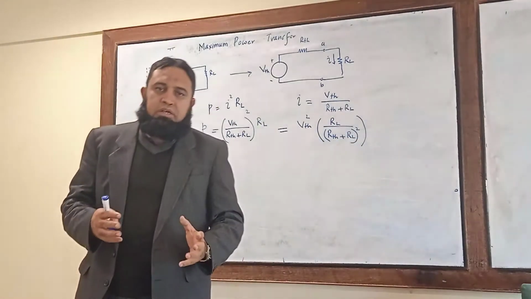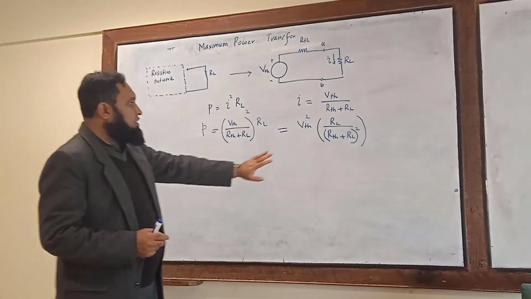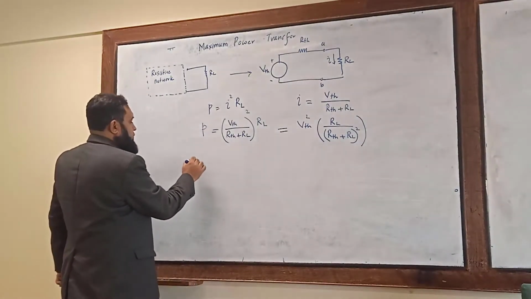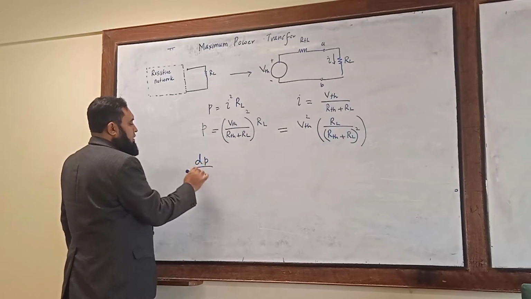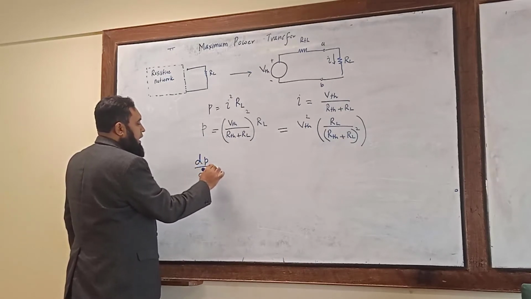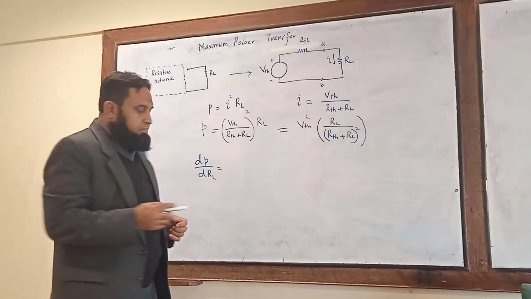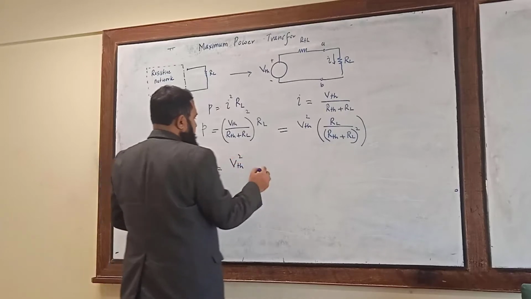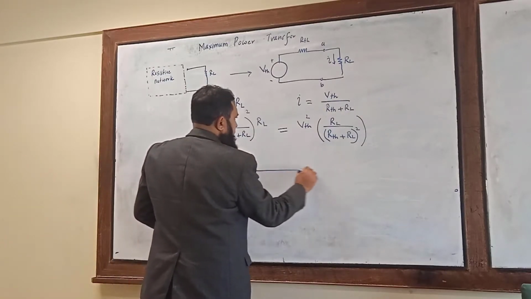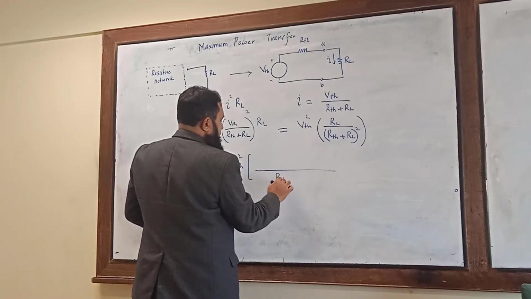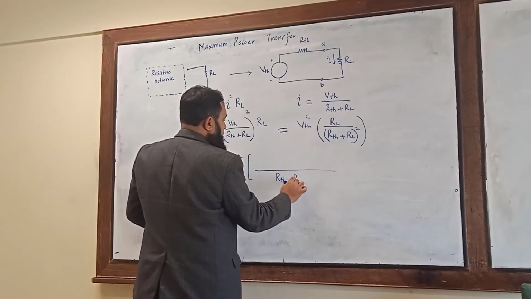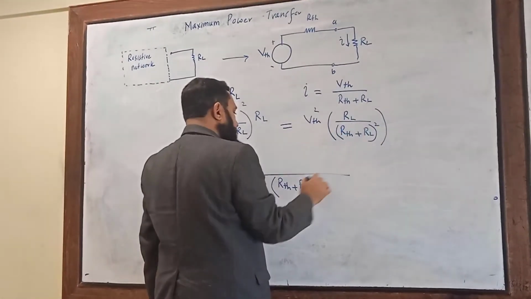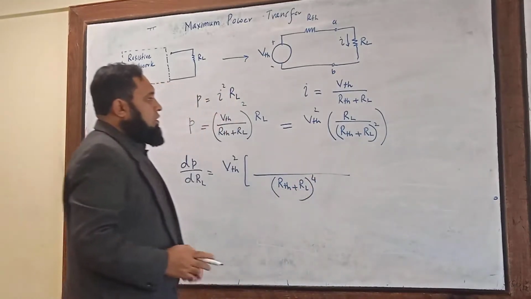So when you want to compute the maximum power, you have to differentiate this relation with respect to RL. So dP by dRL is equal to, VTH is independent of RL, so taking this out, and taking the square of the numerator, it will be 4.